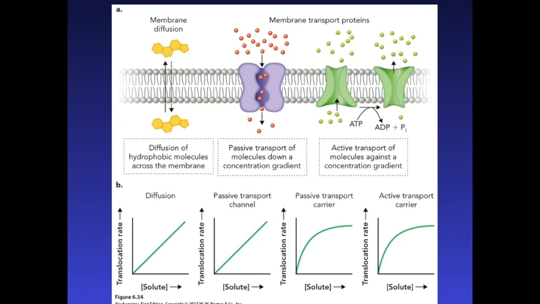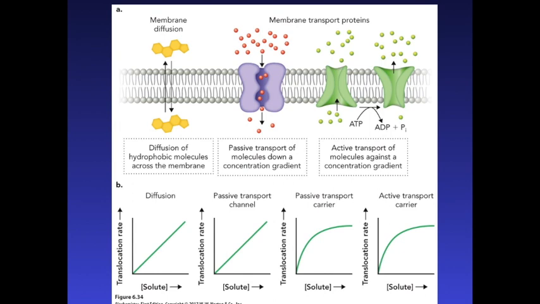There's also a passive transport carrier. It's a little bit different. Instead of going through the membrane like this, like closed and open, it does this. It opens itself to the outside. There's a lot of stuff outside. It will bind it. When it binds it, it will open to the inside and stuff will fall through.